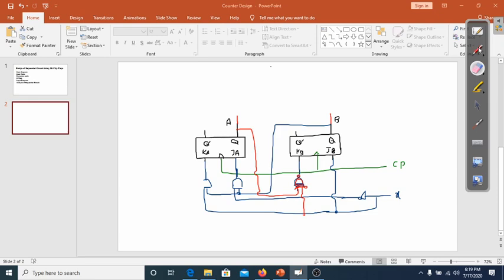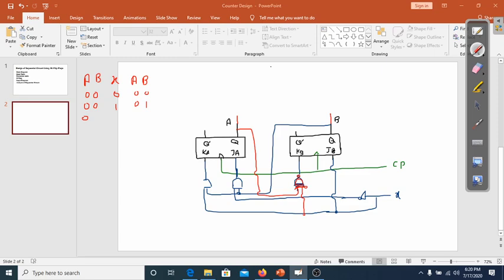So we have present state, AB is the present state, this is the input, and this is the next state AB. When the present state was 0 0, input was 0, the next state was 0 0. When the present state was 0 0, input was 1, the next state was 0 1.